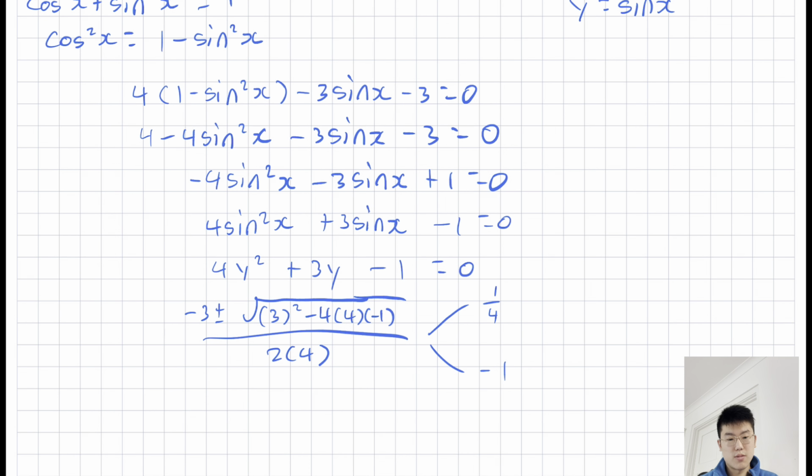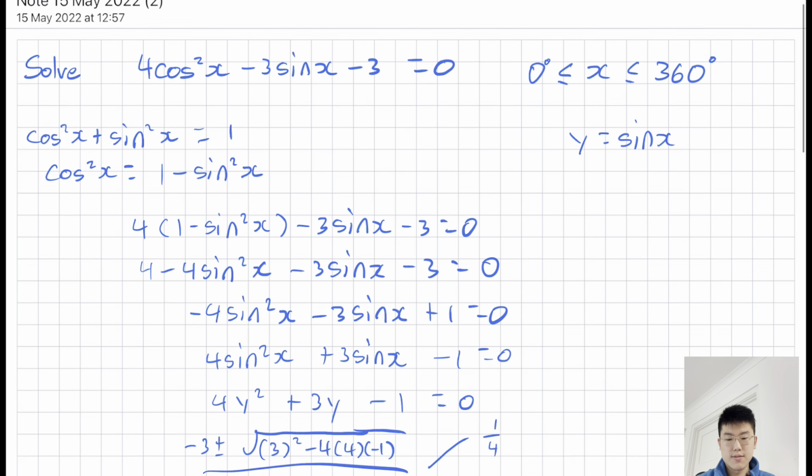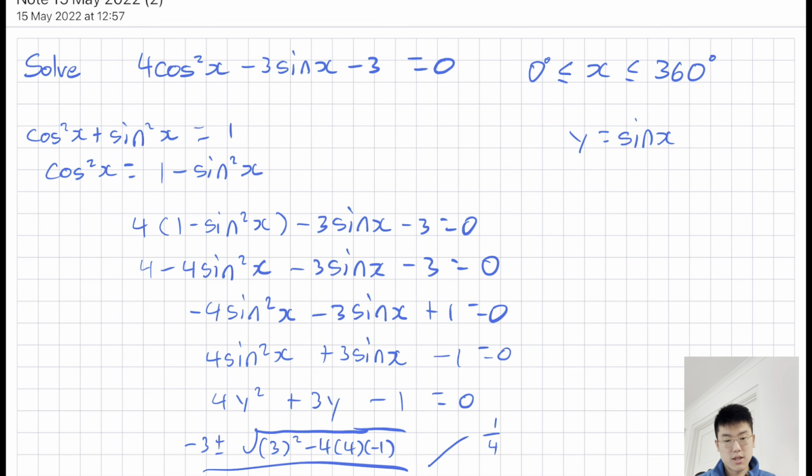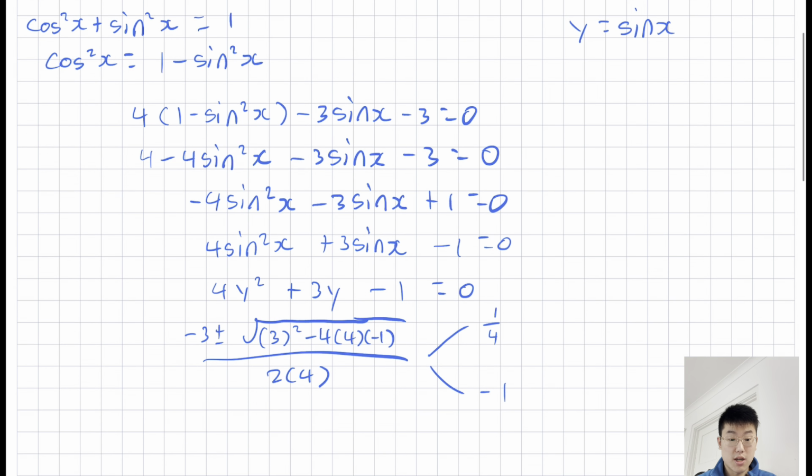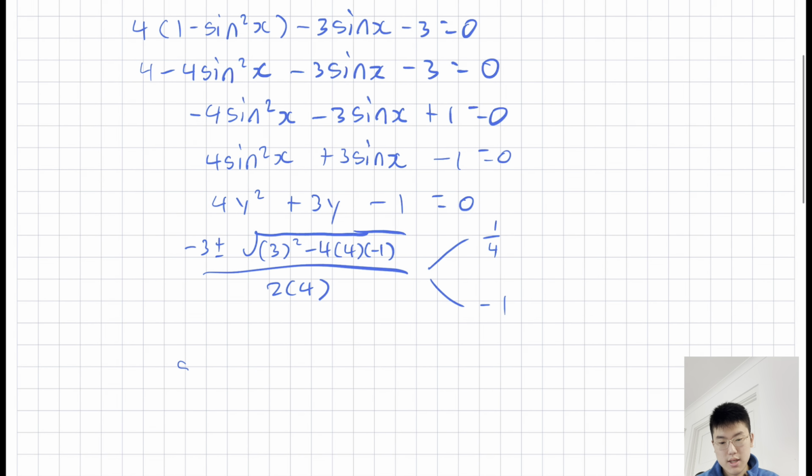But we're not done here because we're saying y is equal to these values, but we're not solving for y in this question. We're actually solving for x, where x is between 0 and 360. So that means we need to let sine x is equal to 1 over 4 and sine x is equal to minus 1.